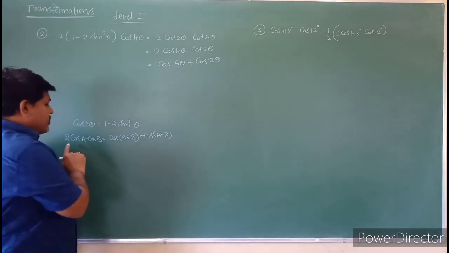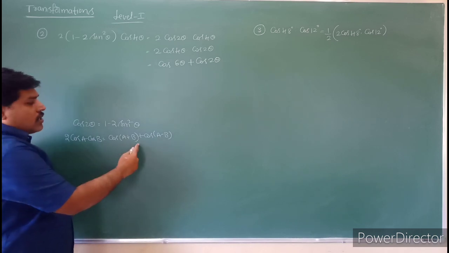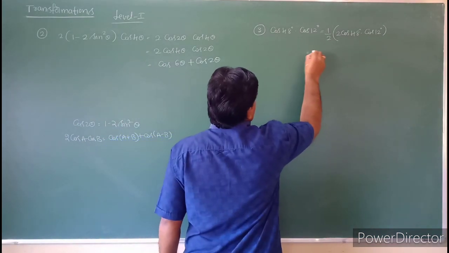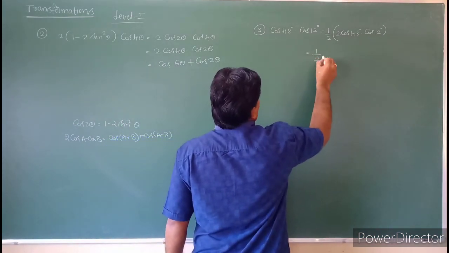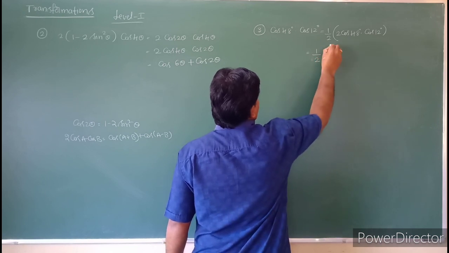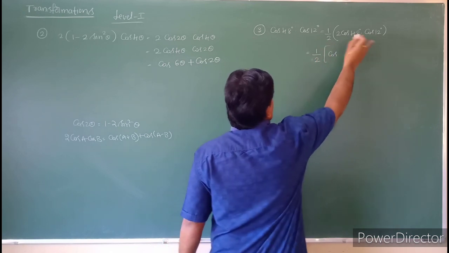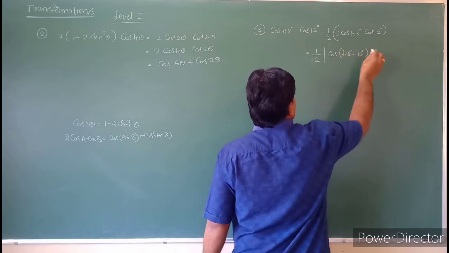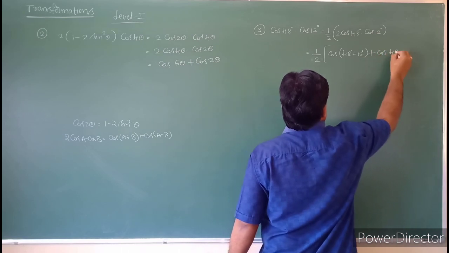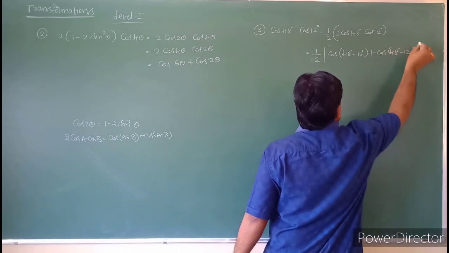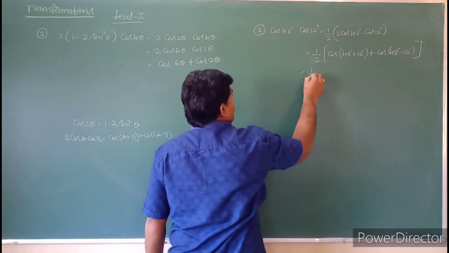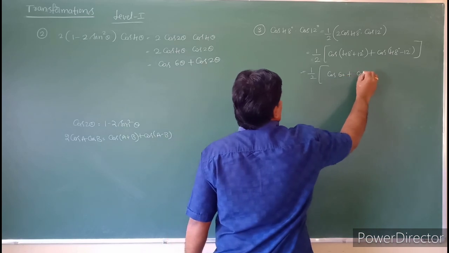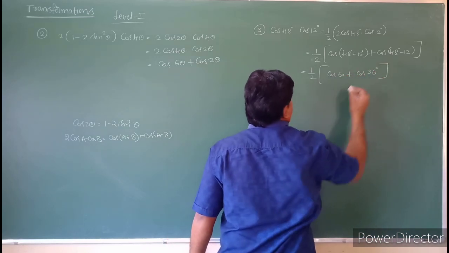So what is the formula, students? 2 cos A cos B is equal to cos of A plus B plus cos of A minus B. So that equals 1 by 2 into cos of A plus B, that is 48 plus 12, plus cos of 48 minus 12. That is 1 by 2 into cos 60 degrees plus cos 36 degrees.